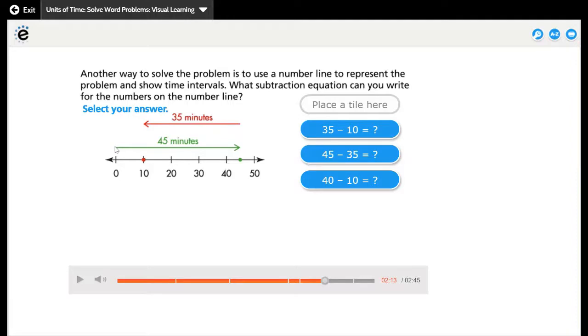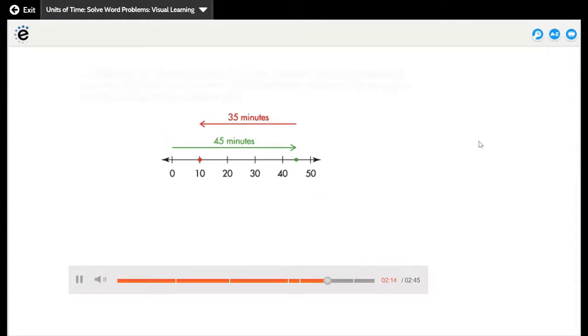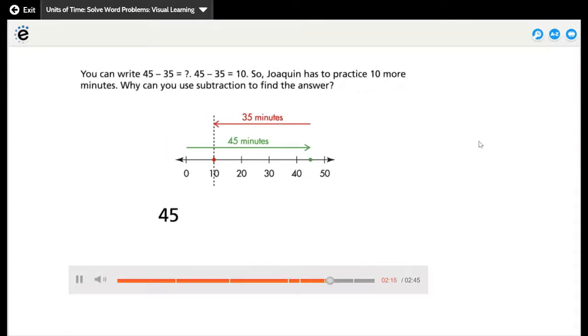What he was supposed to do is 45 minutes, he already practiced 35 till here. So how much does he still have? 45 minus 35. You can write 45 minus 35 equals 10. So Joaquin has to practice 10 more minutes.